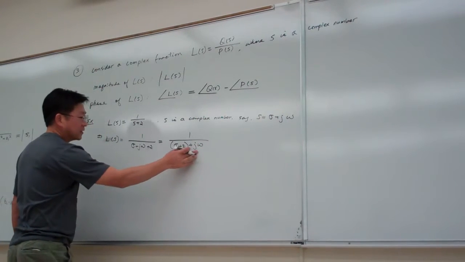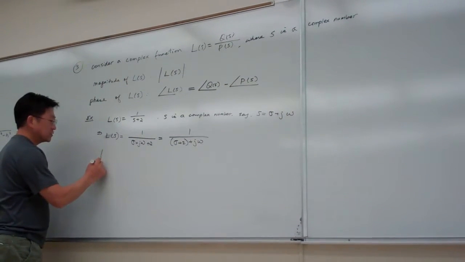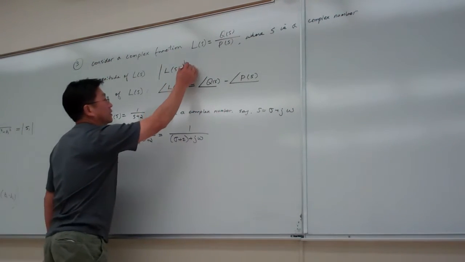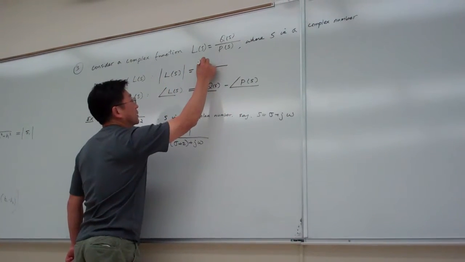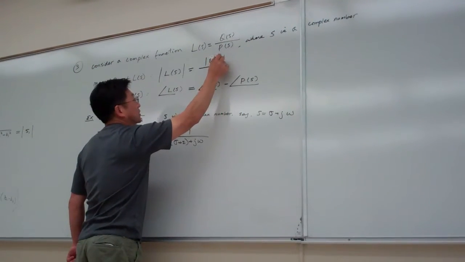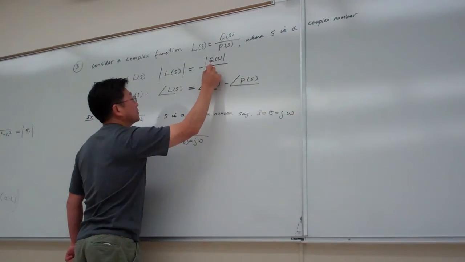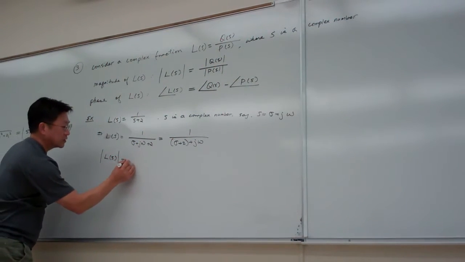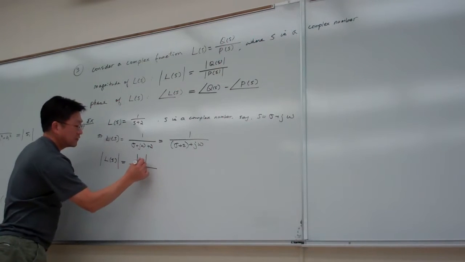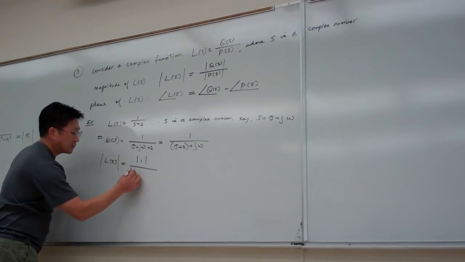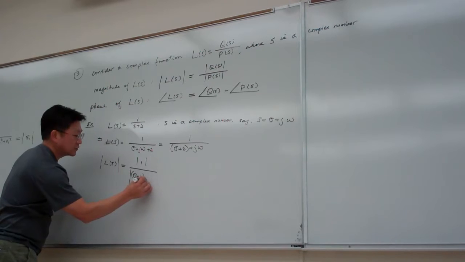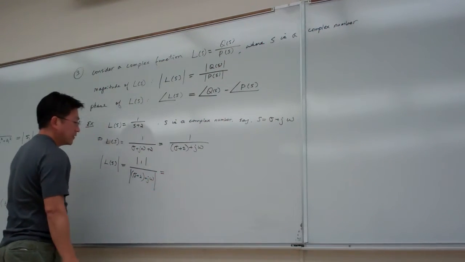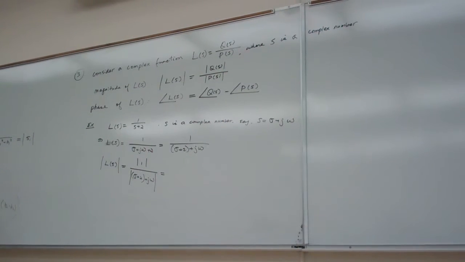So here, based upon this one, we simply do the calculation. The magnitude here is the magnitude of the numerator divided by the magnitude of the denominator. So individually we can plug into the original definition.